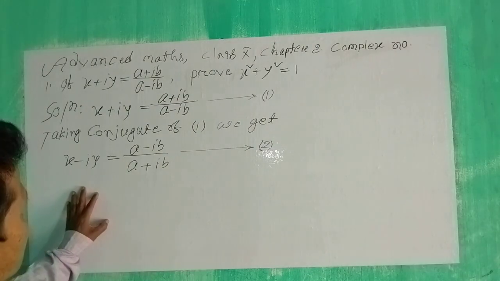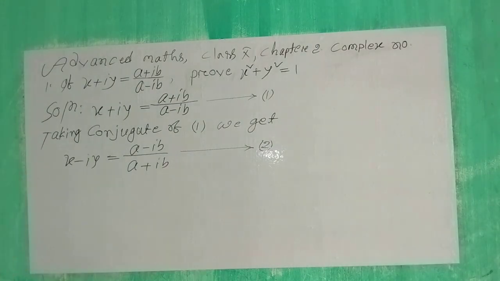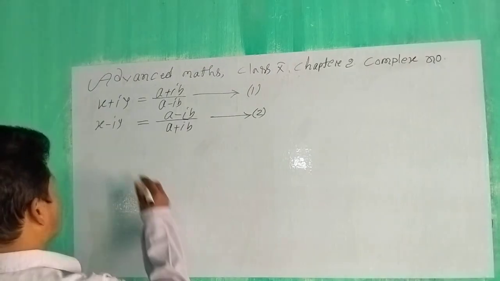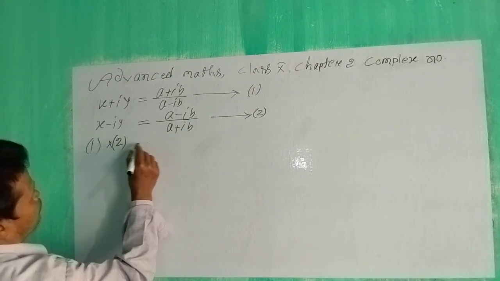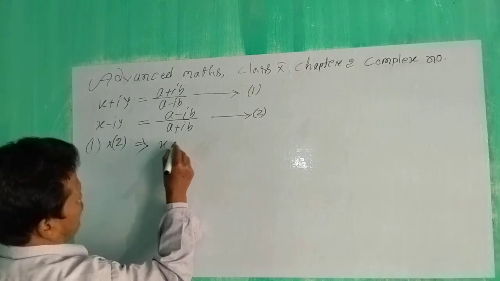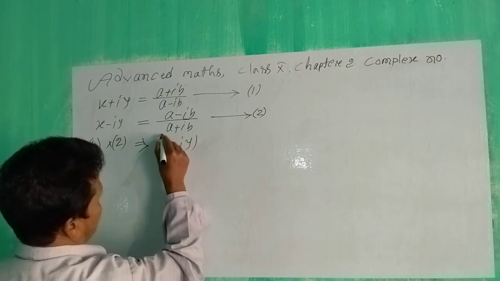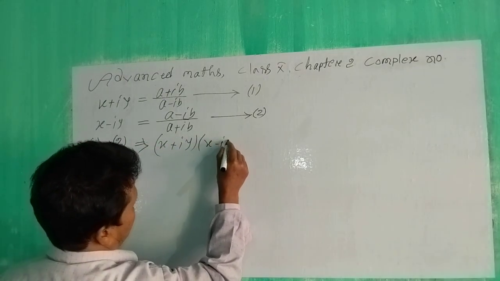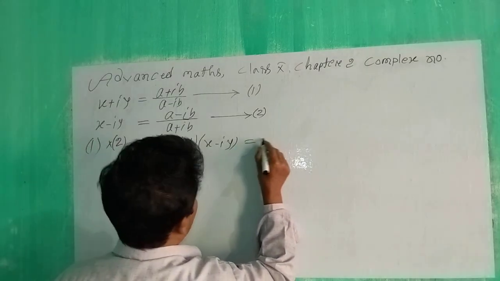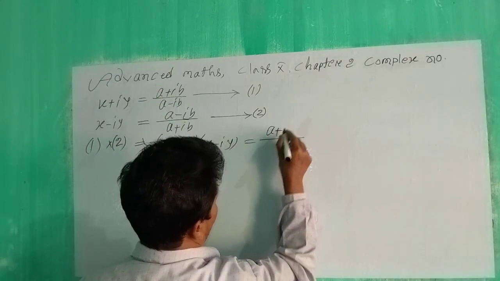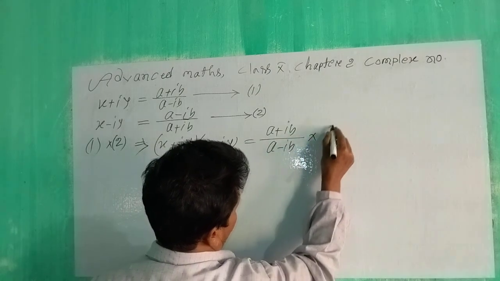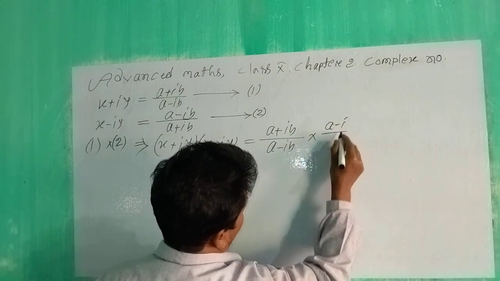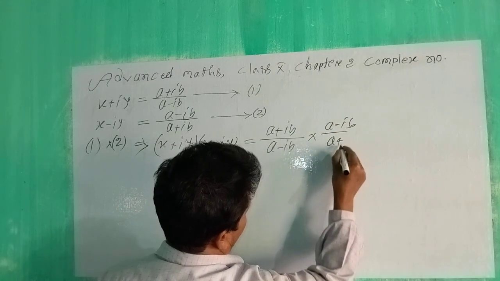Now we are going to multiply equation number 1 by equation number 2. Shortly, equation number 1 into equation number 2. x plus iy into x minus iy equals a plus ib by a minus ib into a minus ib by a plus ib, which is going to cancel.